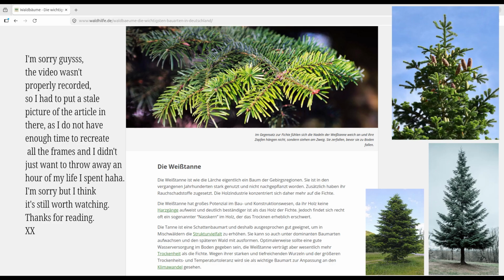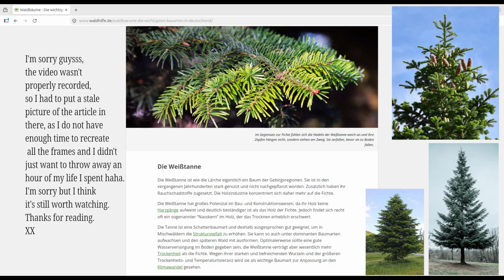So, we have to do that again in the context. So, optimally, a good water supply should be given in the ground, but the silver fir is able to bear a lot more dryness than the spruce.